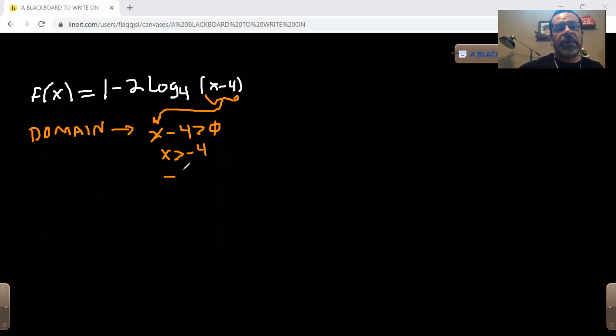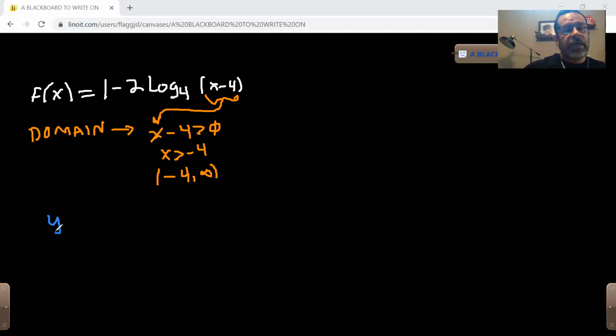That means that the domain goes from 4 to infinity. Same restriction as the even roots: whatever is inside cannot be negative. And then let's look at the intercepts.